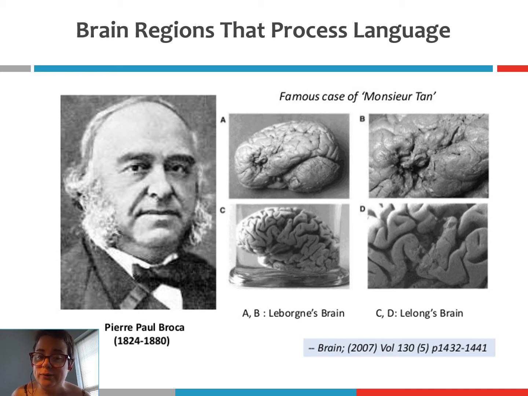He was almost completely unable to produce any words or phrases, and that remained the same in the 15 years that he was a patient of Broca's. He was able to repeat the word "tan," okay, which he became known as Monsieur Tan. And after his death, when Broca did an autopsy, he discovered that there was a lesion on the surface of his frontal lobe.